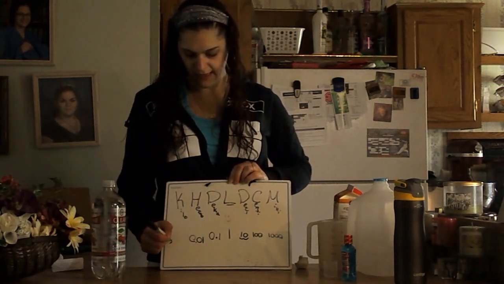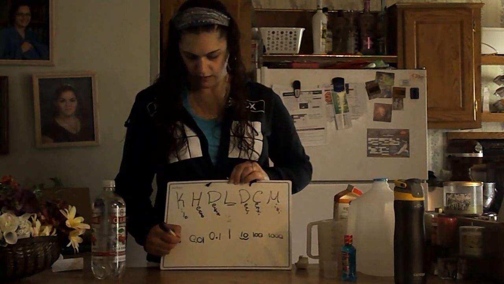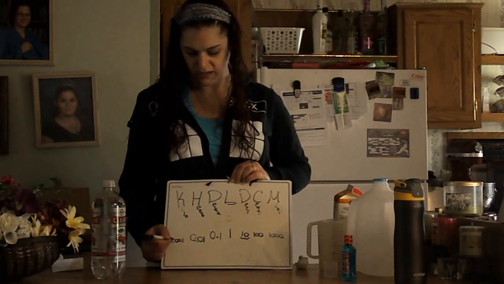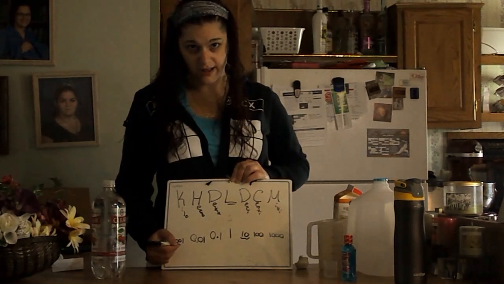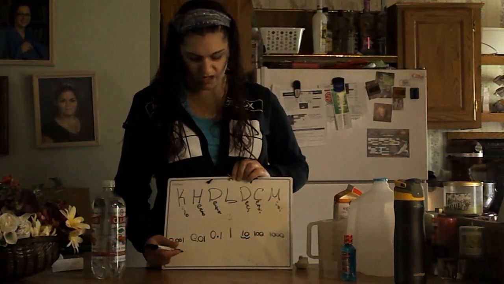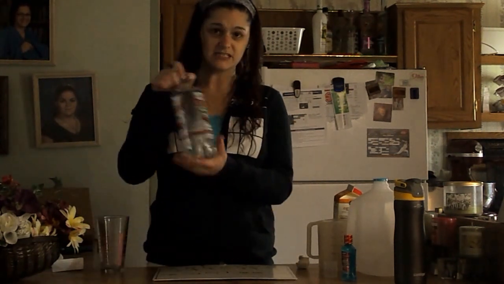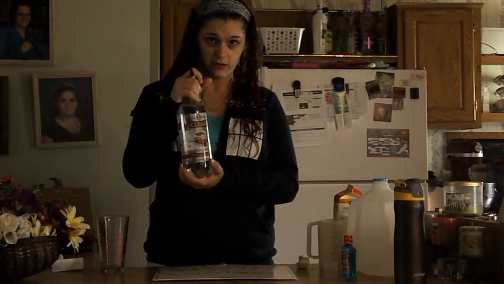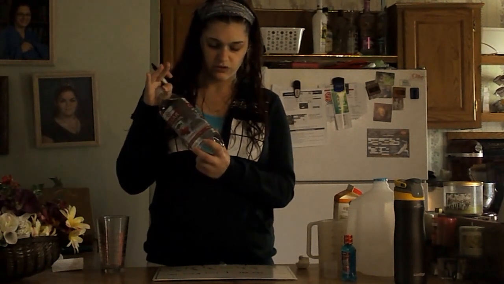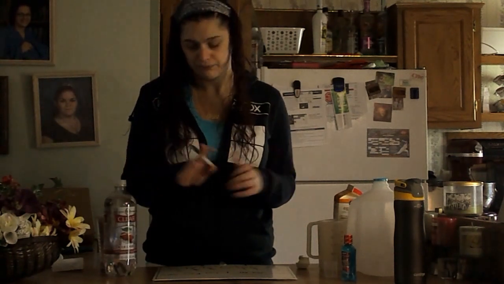But if we move it again, we'll see that there are 0.001 liters in 1 kiloliter. Let's think about that. This is 1 liter. So if this is only 0.001 of the amount of a kiloliter, that might be enough to fill part of a pool.